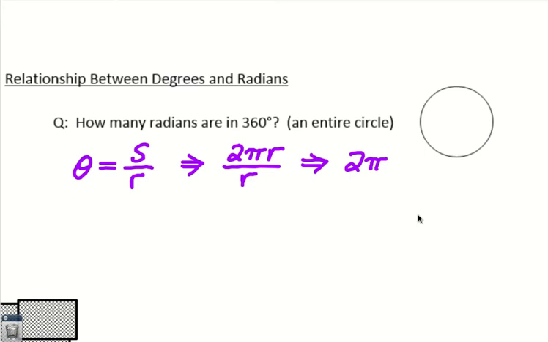Well, it's approximately 3.14. So 2 pi radians is an answer because it's just a number. So 360 degrees is equal to 2 pi radians, which is about 6.28. You can check that on your calculator. So all the way around would be just over 6 radians, to give you a little bit of an idea.